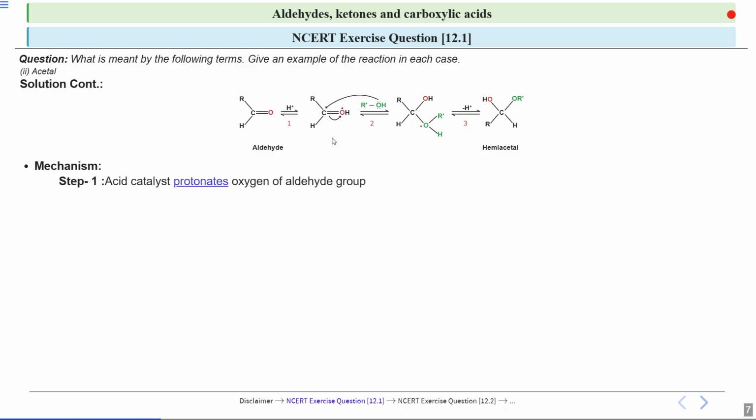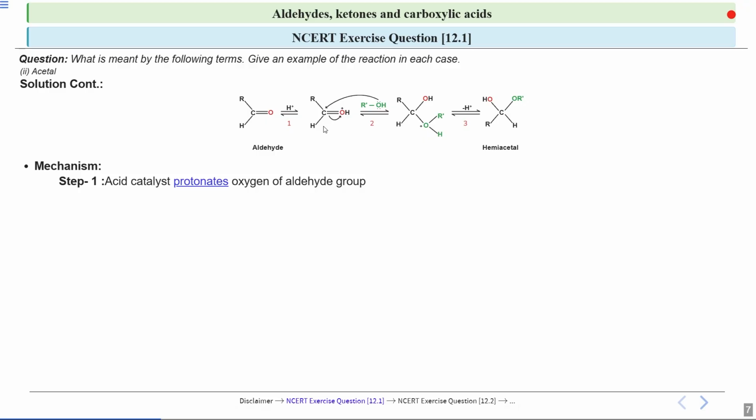What is happening in step 1? The acid catalyst donates a proton to the oxygen atom of the aldehyde group. You will see this oxygen now gets a positive charge. It gets protonated.